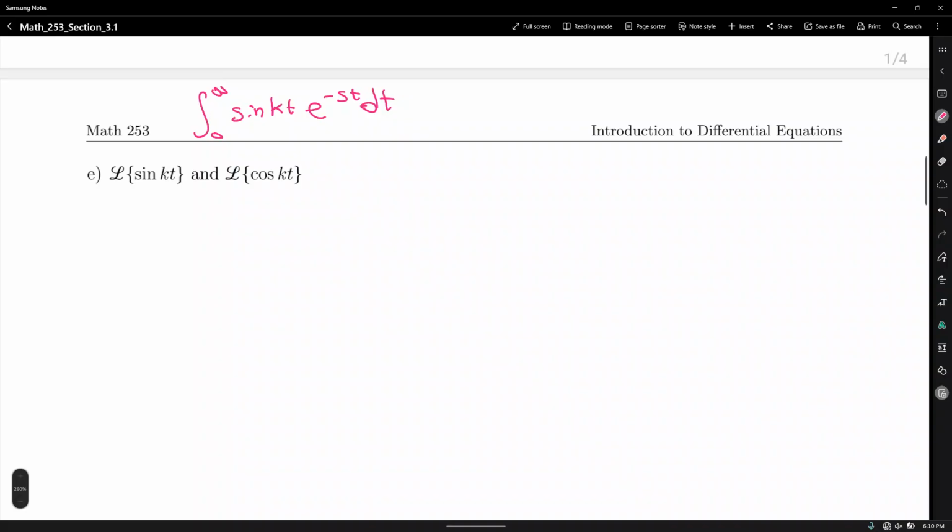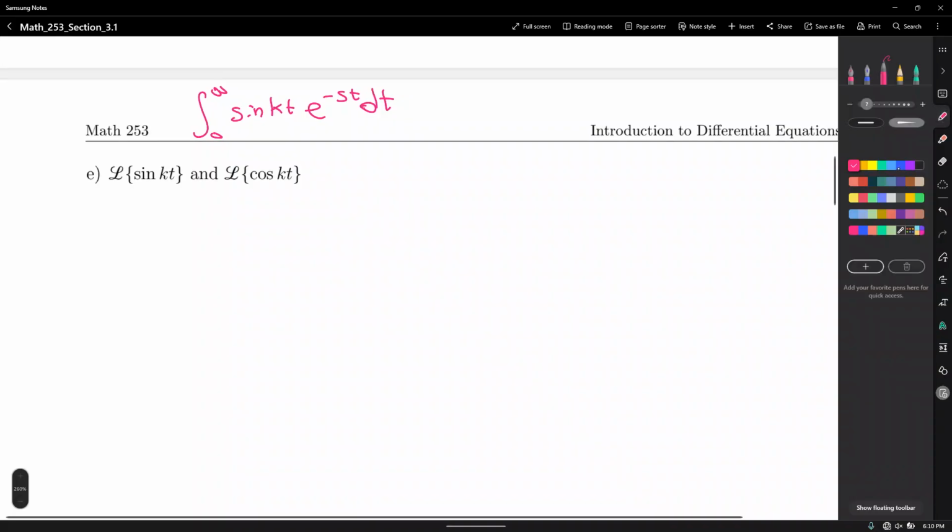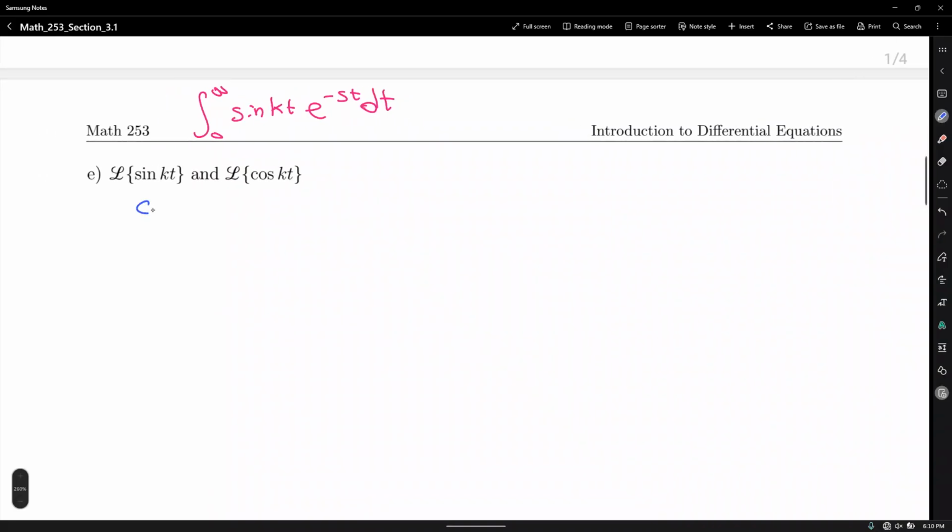I'm going to use complex analysis to get these transforms very quickly, and not only that, I'm going to get the Laplace transforms for both functions in one shot. Check this out. You guys remember this identity, right? Cosine t plus i sine t, isn't that equal to e to the it?